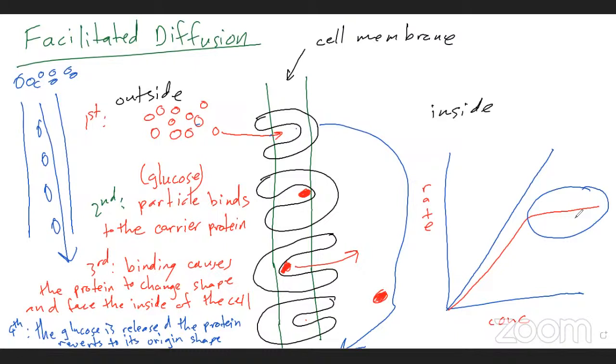Yeah, it has to wait. Because if all of the proteins are occupied at a particular time, then the rest of the glucose molecules that need to be transported have to wait. So the rate just gets constant.